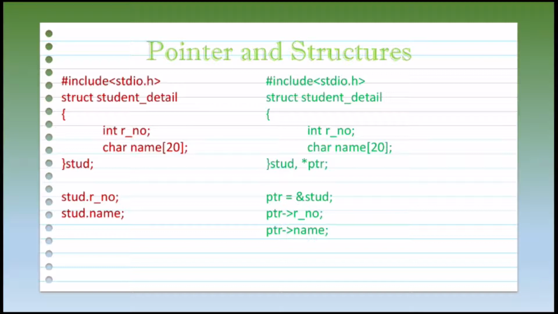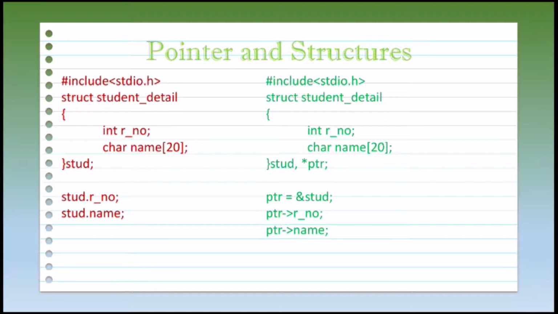But if you look, stud is a structure variable, whereas star ptr is a pointer variable, and the data type is same, that is structure data type. So we have declared two variables, one is stud and the second one is star ptr, that is ptr is a pointer variable. So while accessing based on the address, we are trying to access the elements.